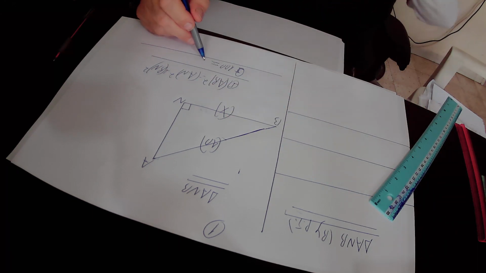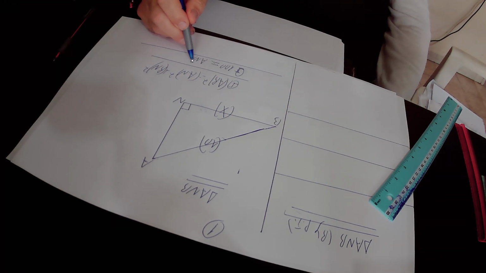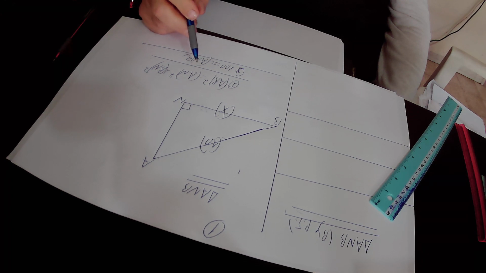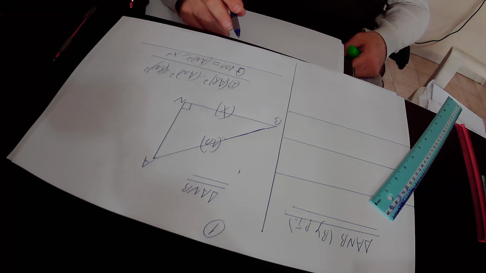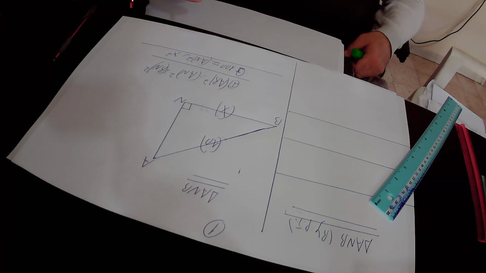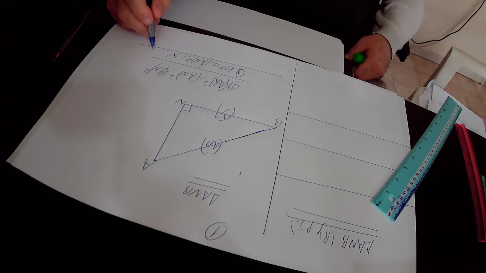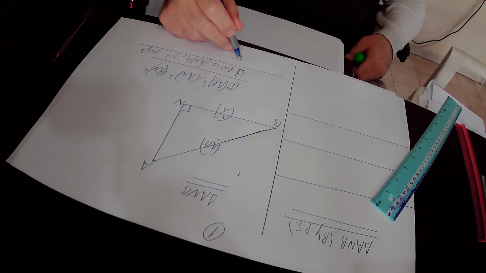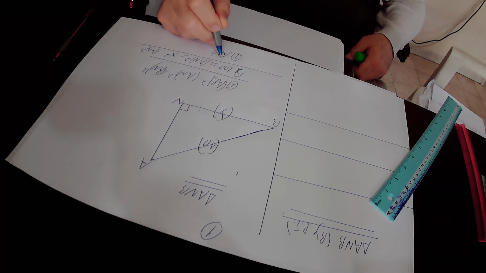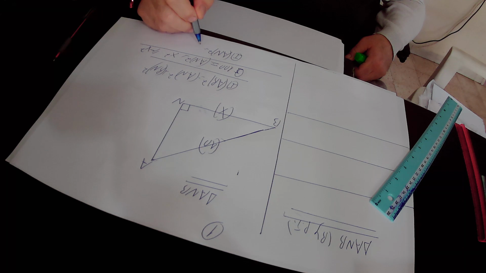And this equals AN squared plus BN squared. BN is x, therefore BN squared is x squared. So we found that 100 equals AN squared plus x squared. Here we subtract x squared from this equation, equation 1, and we get that AN squared equals 100 minus x squared.